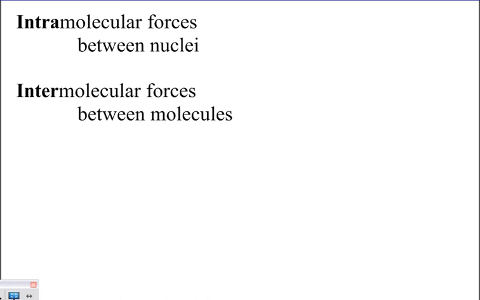Either way is fine. The attraction between the two, the repulsion between the two nuclei, and the attraction between a nuclei and the valence electrons of another atom are the intramolecular forces. So it's the attraction between the nuclei and the electrons of bonded atoms.